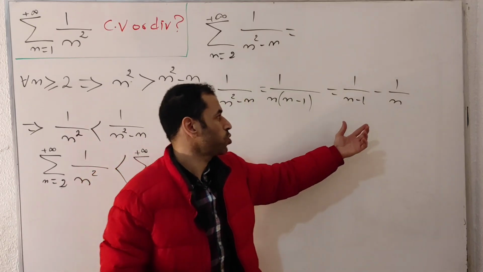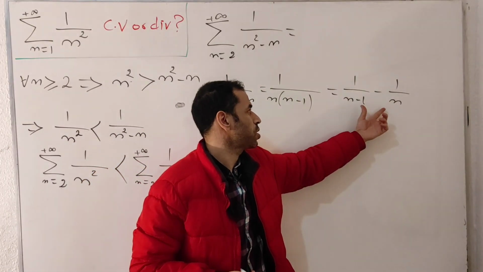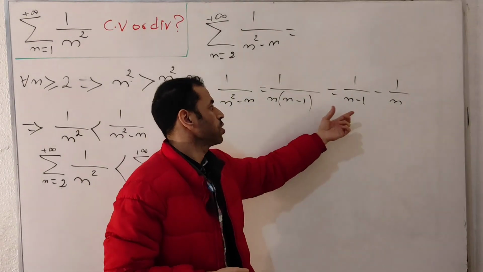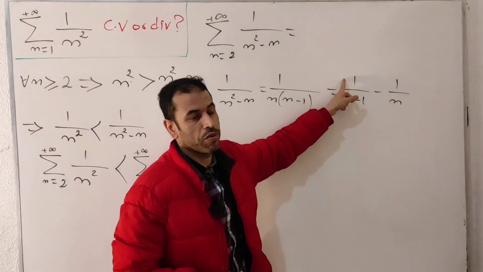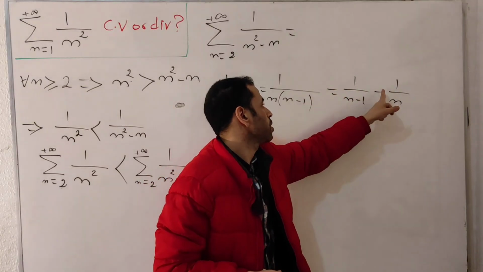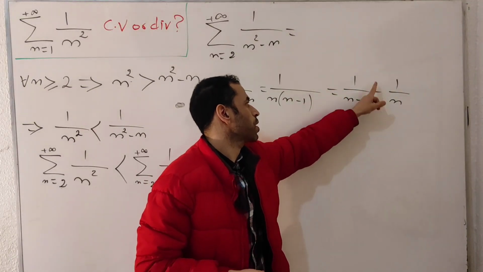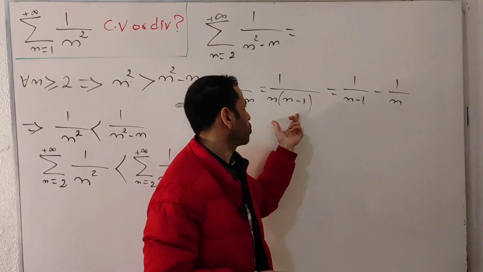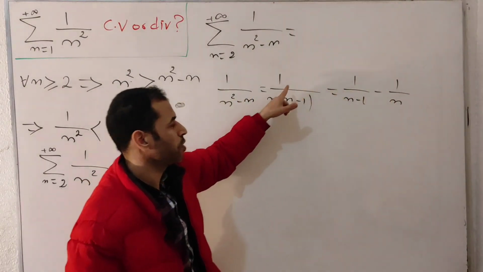Now if I distribute and factor out the denominator, I work on the numerator: I get n plus 1 minus n, so n is cancelled out and I am left with 1 in the numerator. So it takes me back to the previous expression.